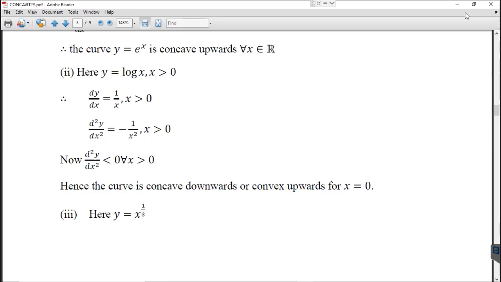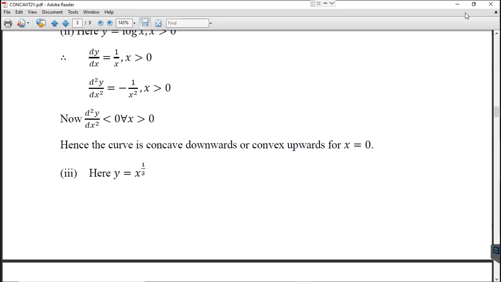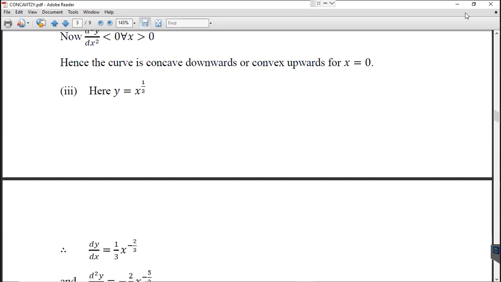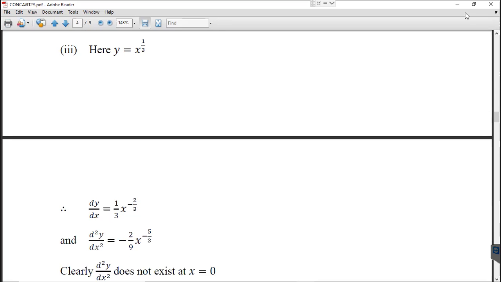So let's discuss the next function, y is equal to x raised power 1 by 3. For this curve you have to find the points of inflection. The first step to find the point of inflection is to find the second order derivative with respect to x. If we differentiate the given function x raised power 1 by 3 twice, we get minus 2 by 9 x raised power minus 5 by 3.